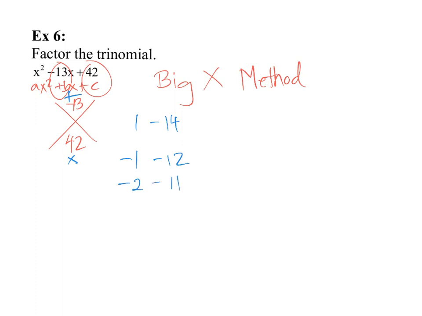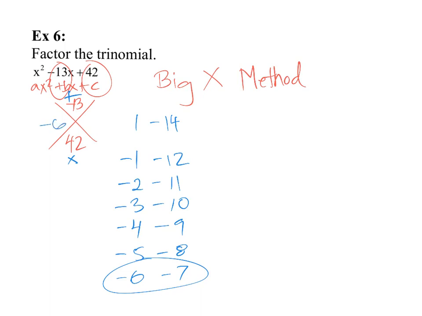It's negative 11. And then you just keep going until you find the right combination. There we go. So negative 6, negative 7. All right, works every time.